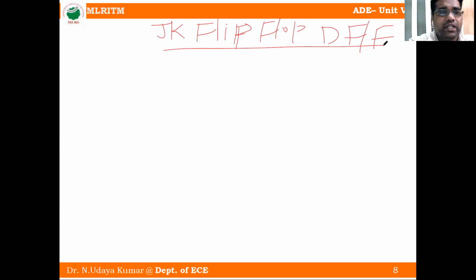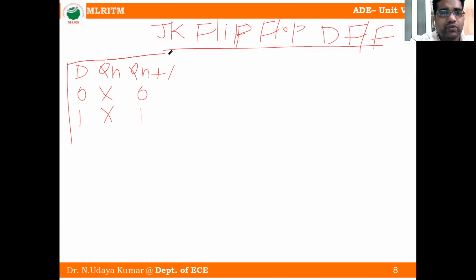We have to write the D flip-flop truth table. So D, Qn plus 1: 0, 1. Here 0 means it is transparent. This is the truth table for the D flip-flop. Then the JK flip-flop excitation table.